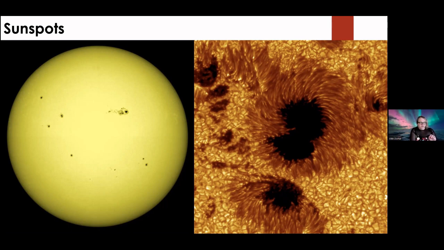But also we know that in those areas where the sunspots are happening, there is extended magnetic activity, which also moves the material, the plasma, around the sun's photosphere and chromosphere and up further.